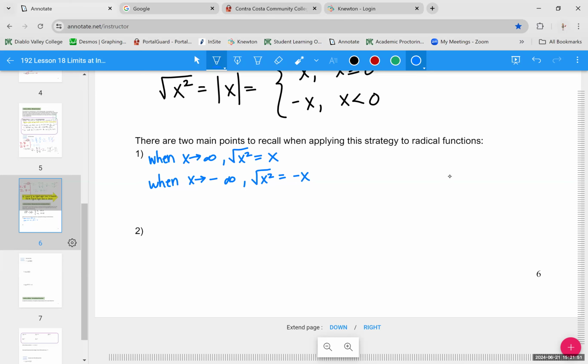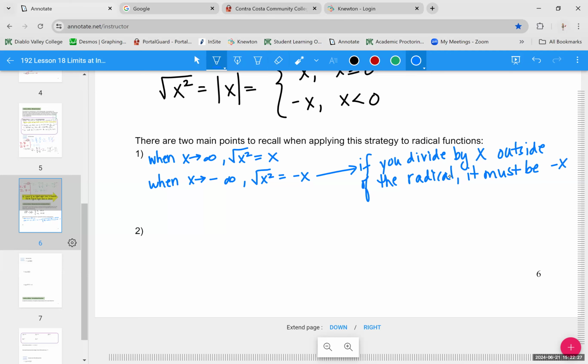And so in this situation, if you divide by x outside of the radical, it must be negative x.